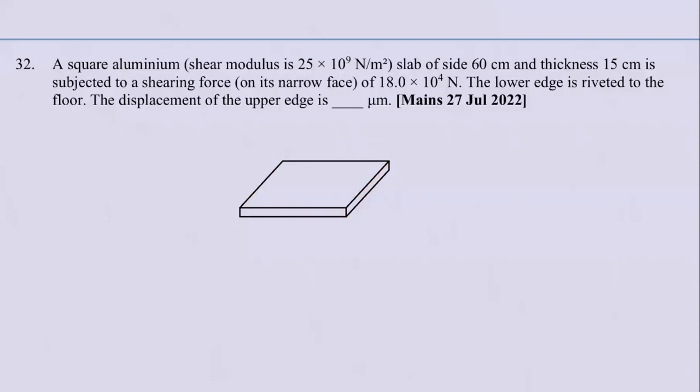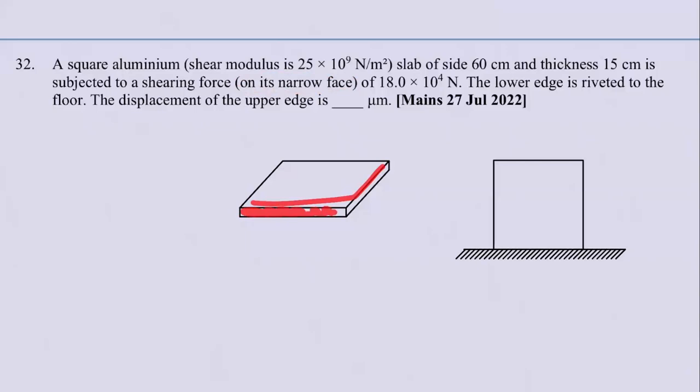The lower edge is riveted to the floor, but on its narrow face, this is the narrow face, check it, not this one. If you make the diagram, the lowermost point is fixed and this entire square is there. I'm keeping it here, okay? Good.